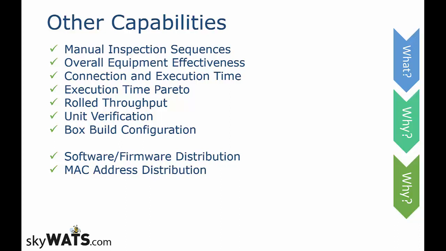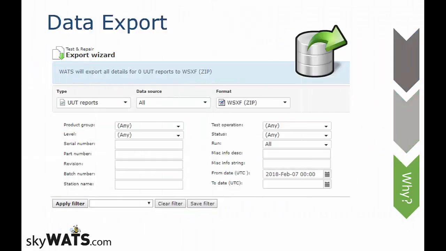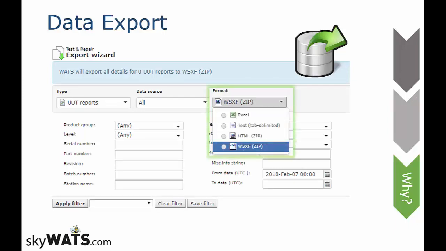There is also functionality to distribute test software and unit firmware automatically to ensure that the latest software is always being used. Also, the option to use SkyWATS to keep track of the distribution of MAC addresses. And in case you need to work with some of the data differently from what is available here, you can always export it from our Export Wizard, where we have multiple options for formats.